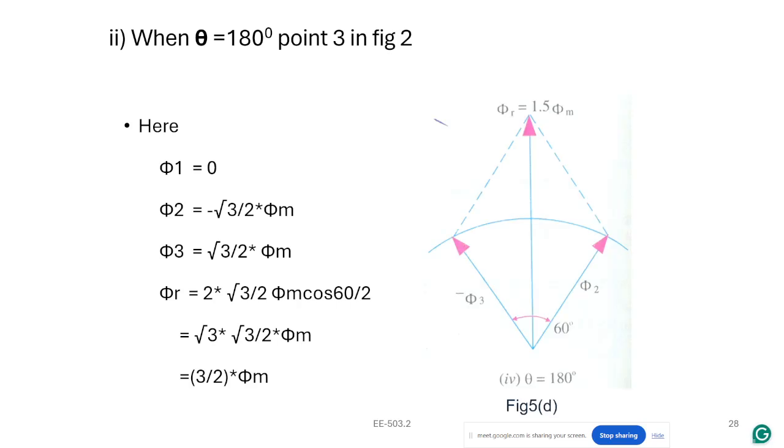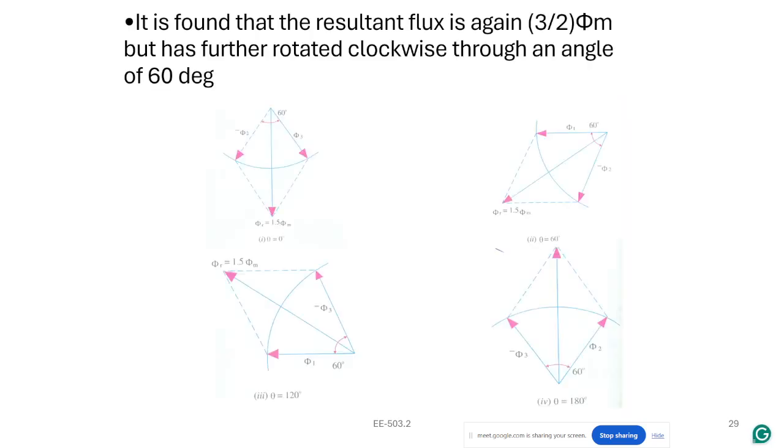In this mathematical analysis, at a time we can observe one thing. This one is 0, another is 60, another is 120, another is 180. It is found that the resultant vector has further rotated clockwise by an angle.